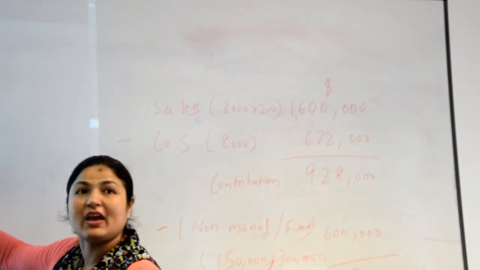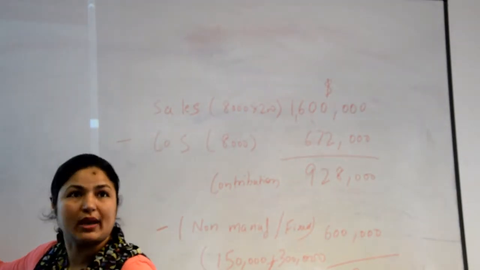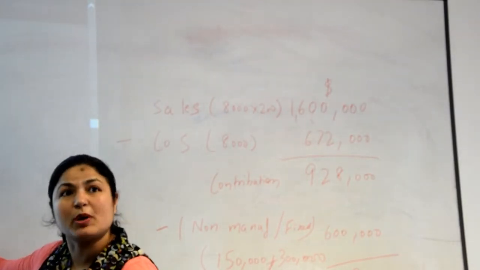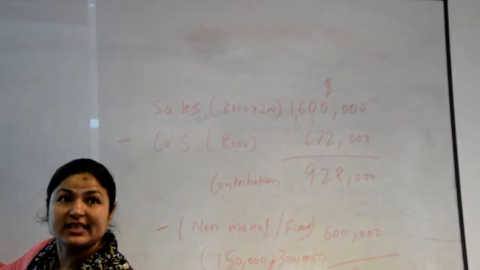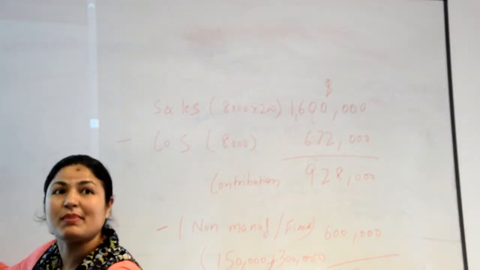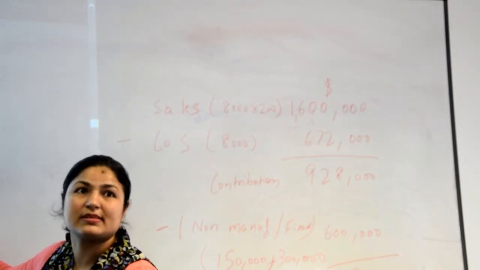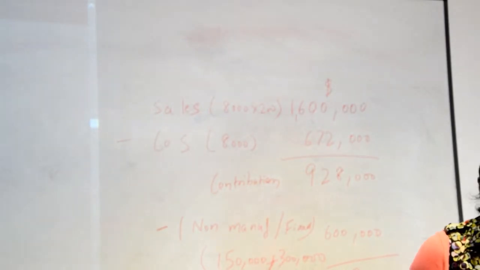So here we have taken it as a period cost, and all of it has gone out. But when we look at absorption costing, we will realize that we are just taking this for 8,000 units, not for 10,000 units, and the remaining 2,000 units makes the difference. So that's the same thing. That's really good, and you've made it absolutely clear.